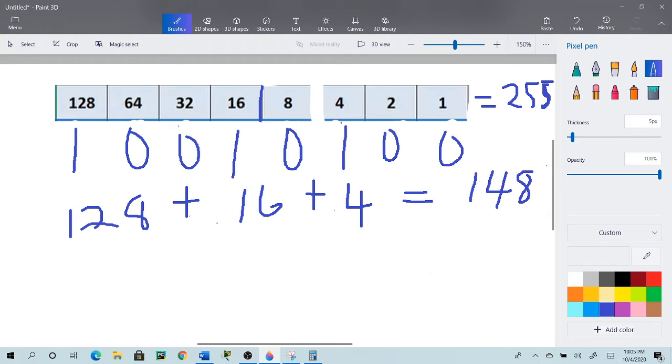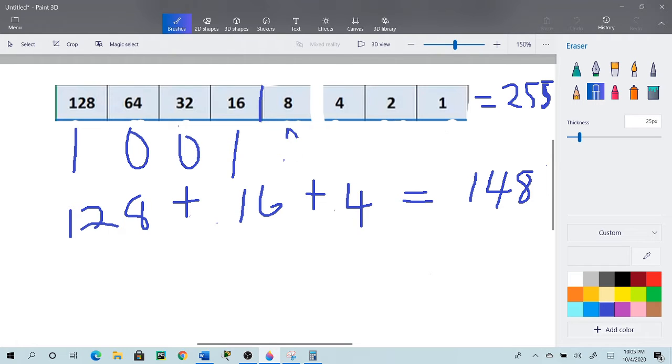And how will you know that? Let's say we really want to convert this same number. We are going to use the same logic, and I'm going to erase this. Now let's say we just have a random decimal number that we have right now.